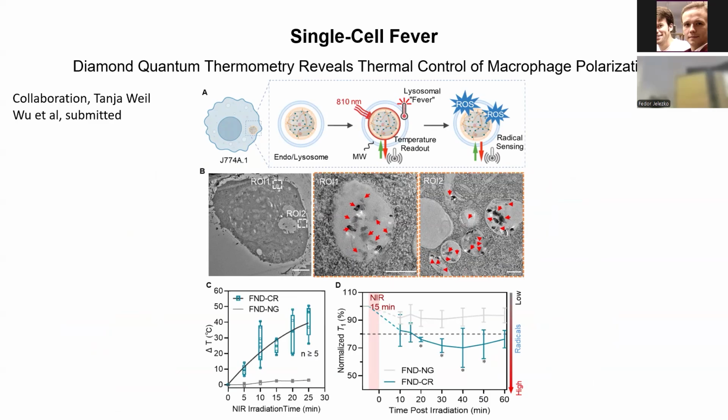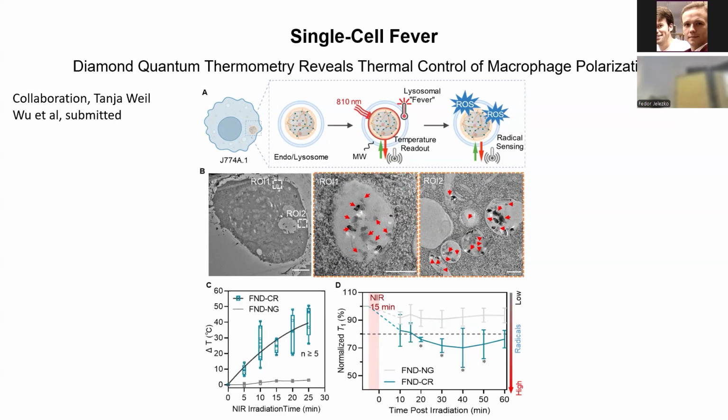This is also a collaboration with Tanja Weil, where we have observed that the localized heating measured by the NV center leads to polarization of macrophages, so that they start to convert to another state, which is characterized by the production of radicals, and this production of radicals can be now measured by NV center relaxometry.